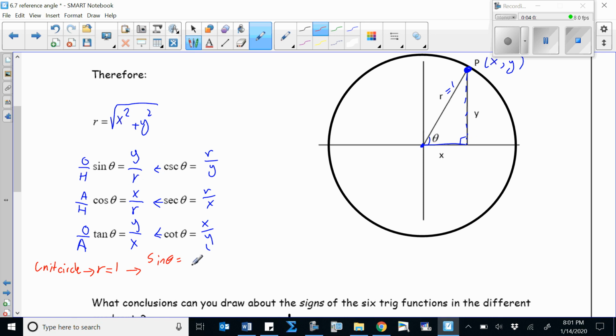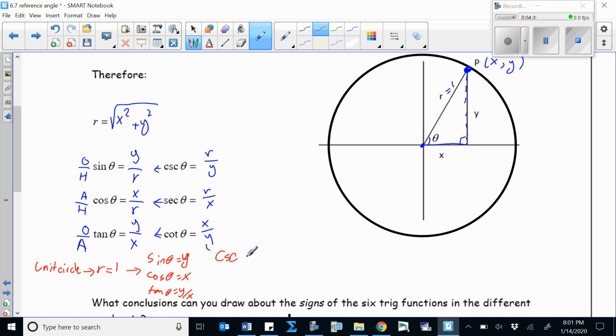Y over 1 is just y. Cosine of theta will be x over r, which is x over 1. So that's just x. Tangent of theta will be like the same thing because we don't have any r involved here. So it's just y over x.